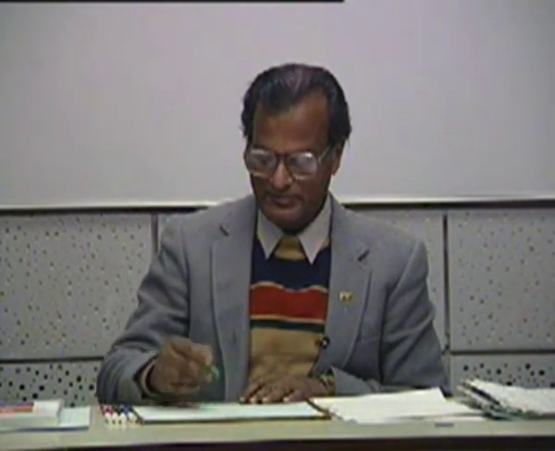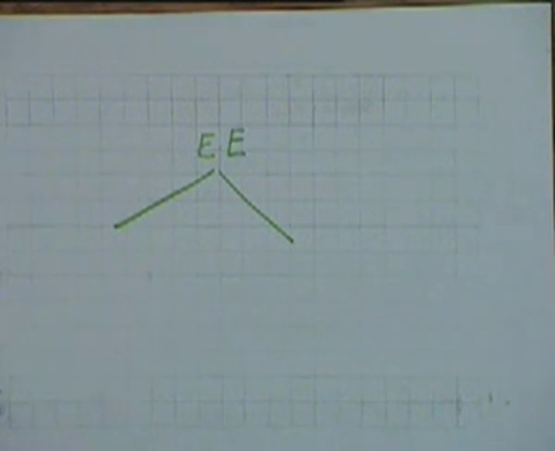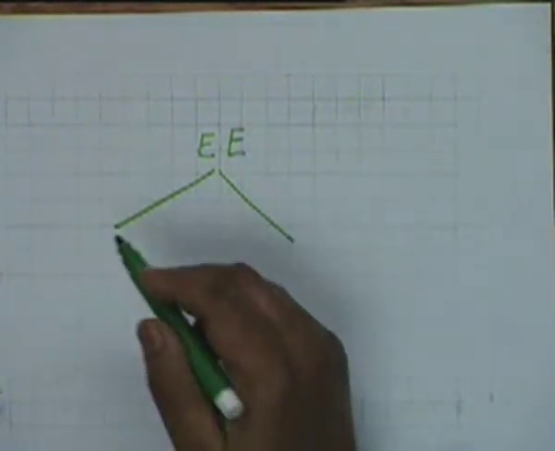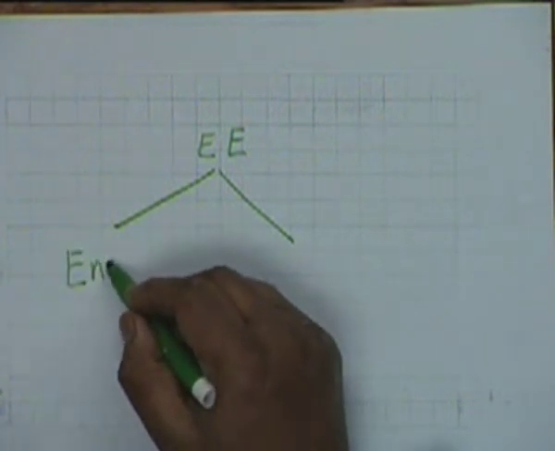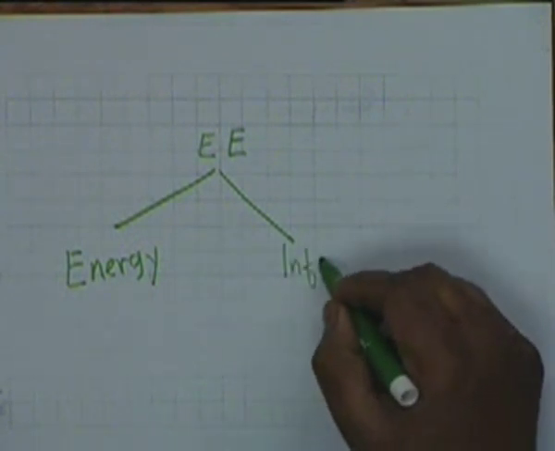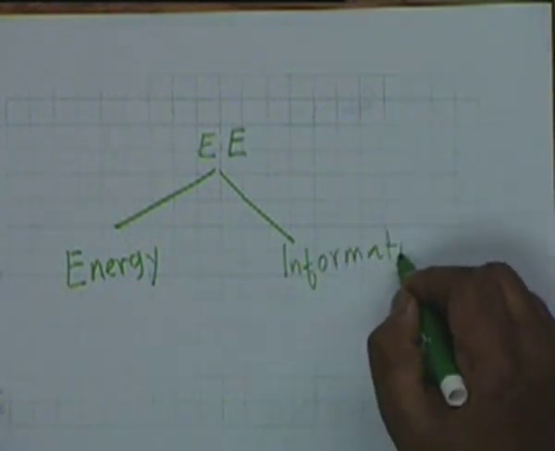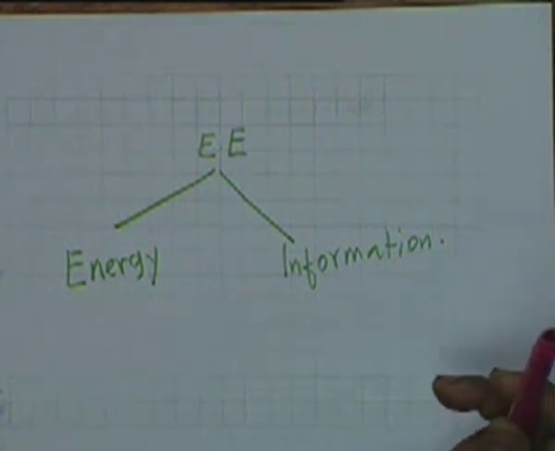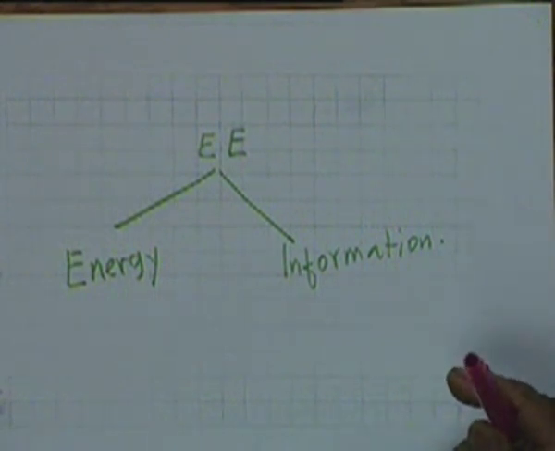Double E basically deals with two kinds of phenomena. One is related to energy and the other is related to information. The energy aspect of electrical engineering is concerned with generation, transmission, distribution and utilization of electrical energy.